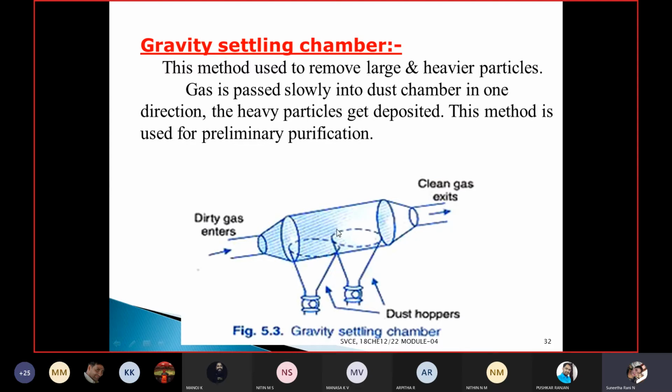Because of gravity and the size of the particles, all the particles settle in the middle portion and are sucked out by these dust hoppers, and the clean gas is liberated from the outlet. An instrument that adopts gravity like this is called a gravity settling chamber. You can collect the dust particles and easily remove them from the atmosphere. This is one way of cleaning the gas.